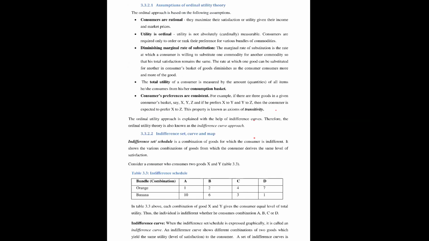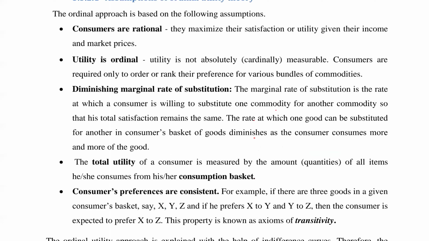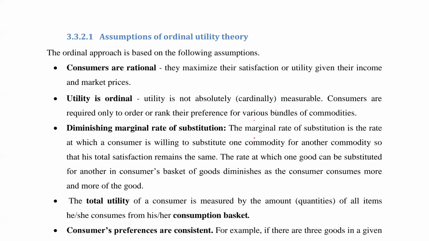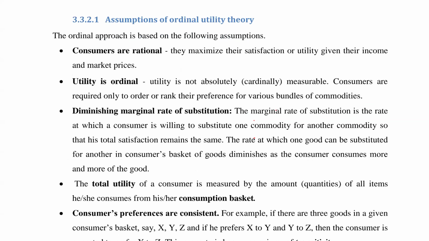Now, there are some key assumptions that have to be met for this theory to work. The following are some of the assumptions that have to be made. I start with the first one. For ordinal utility theory to hold, consumers are assumed to be rational.